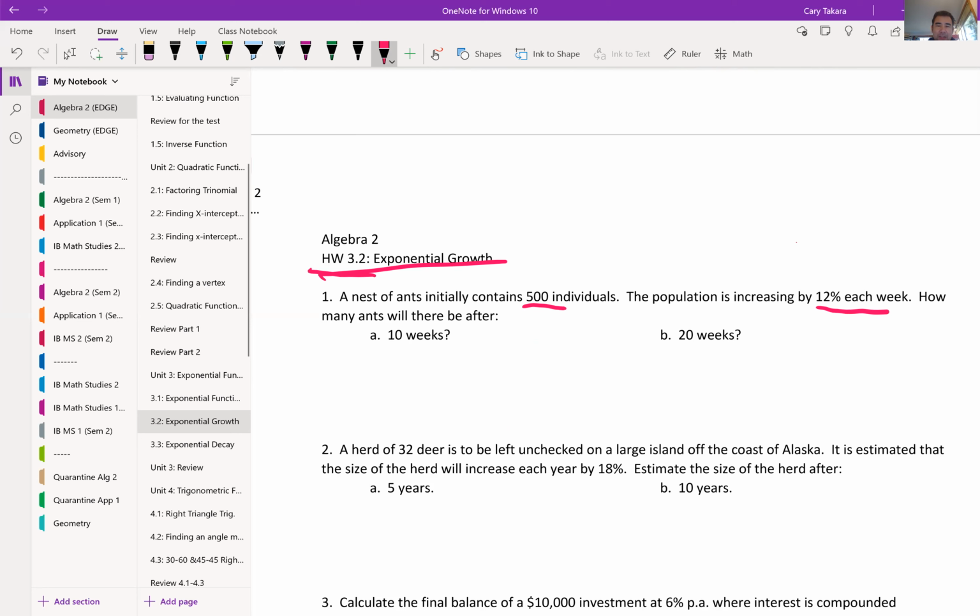Okay, so let's figure out the equation. I guess we need to figure out the equation first. So it's going to be y equals... A is the initial value.